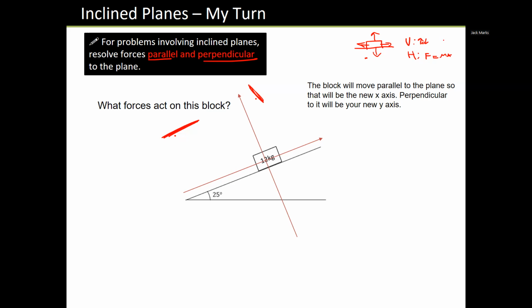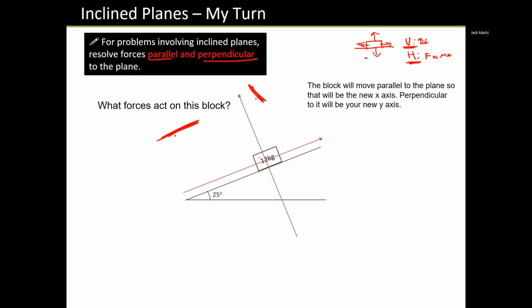It had no acceleration vertically, but it had acceleration horizontally, and they were separate things. And these will also be separate things. What happens parallel to the slope is completely separate to what happens perpendicular to the slope. I know I'm making quite a big point of this, but it really is quite an important concept to understand.